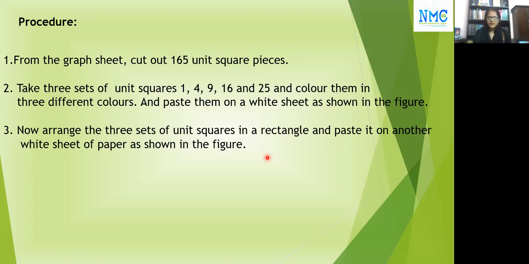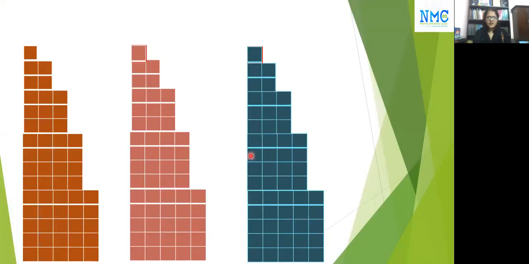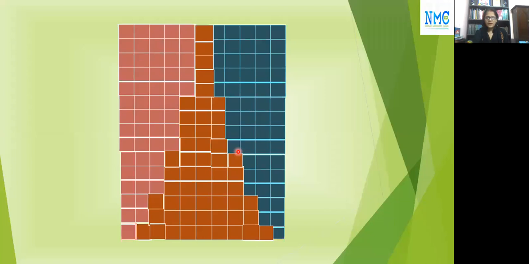Now this is the arrangement in the first sheet. In case you are using a PowerPoint presentation or Google Slides, you can do it like this, and the second sheet you can take like this. You can see the same sets, the three colors. Here you see 1, 4, 9, 16, 25.